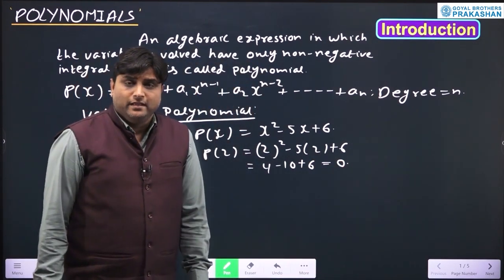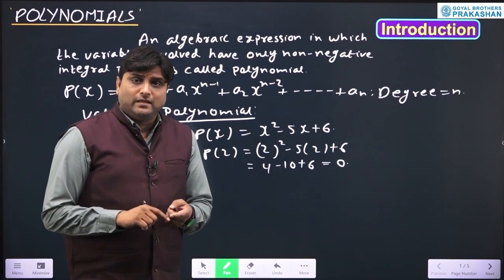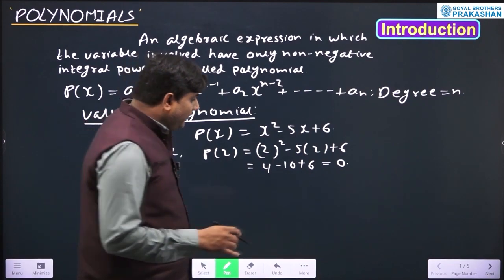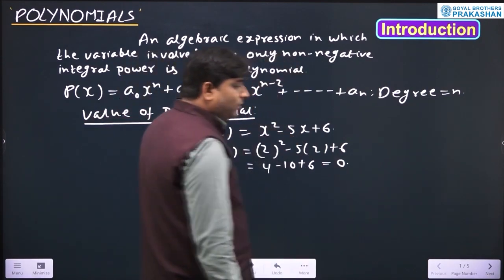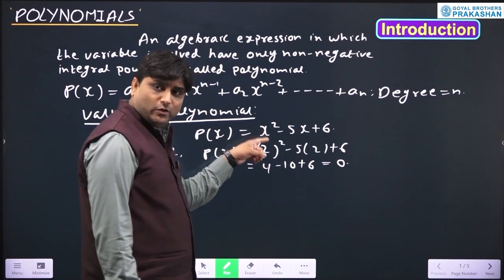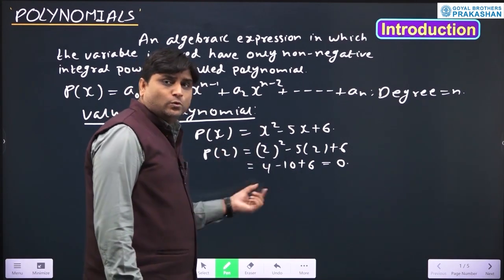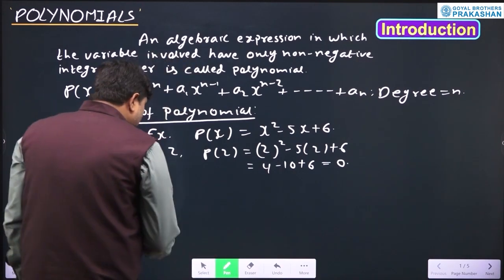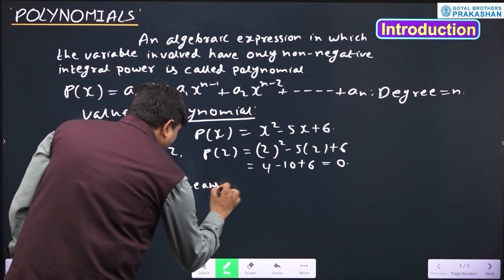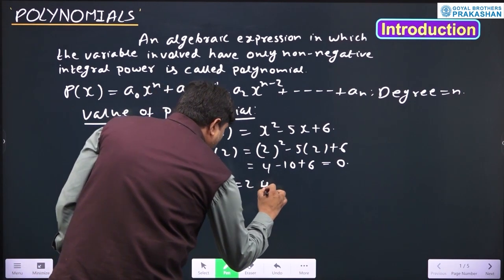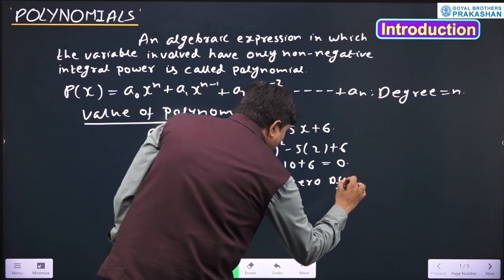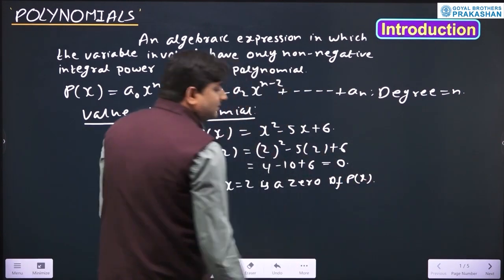So listen carefully, if we put x equal to something, and we are getting the value of polynomial as 0, so the value of this polynomial at x equal to 2 is 0. It means x is equal to 2 is a 0 of this polynomial P of x.